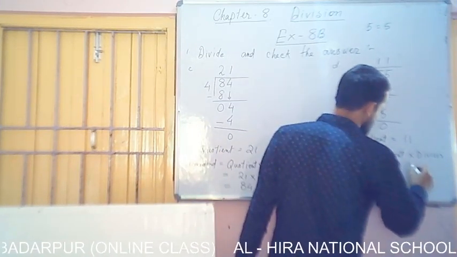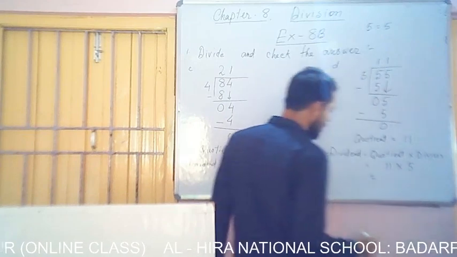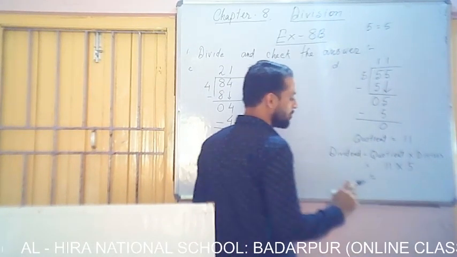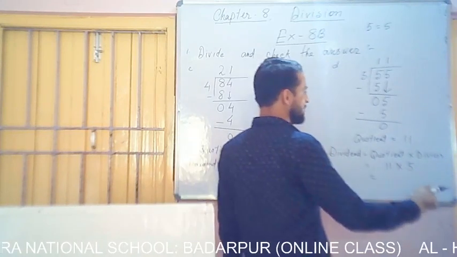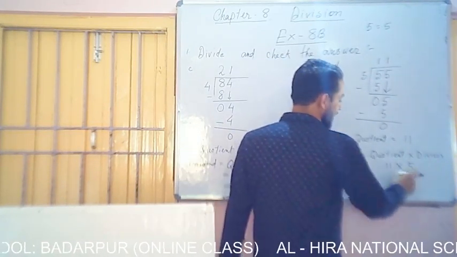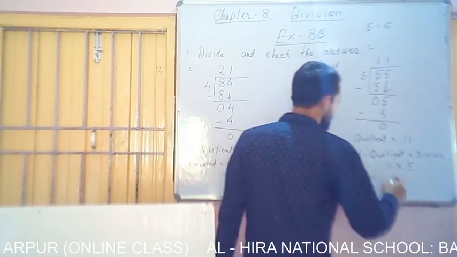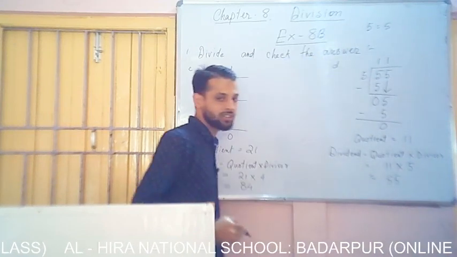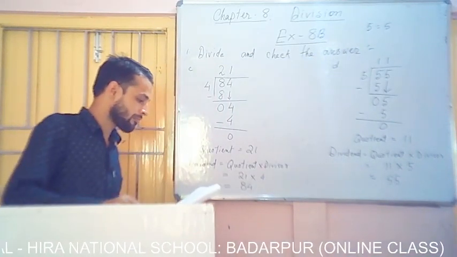So in place of divisor we are going to write 5. We have to multiply the quotient and divisor, and see whether the result of multiplication is equal to the dividend or not. If we multiply 5 and 11, we get 55, which is equal to the dividend. That means the answer is correct. Okay.